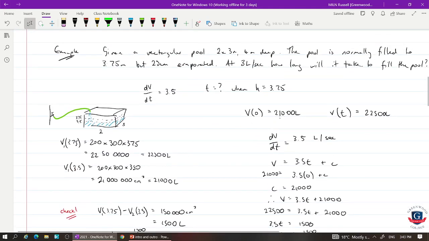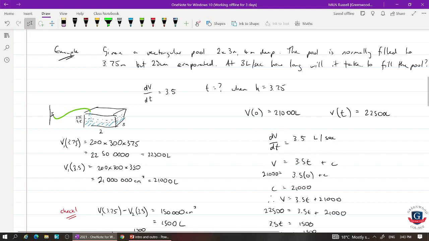So we know at V0 it's 21,000 liters, that's here, and we want to know how long it will take to reach 22,500. So do the same again. V equals 3t plus C. That's the antiderivative of this function.